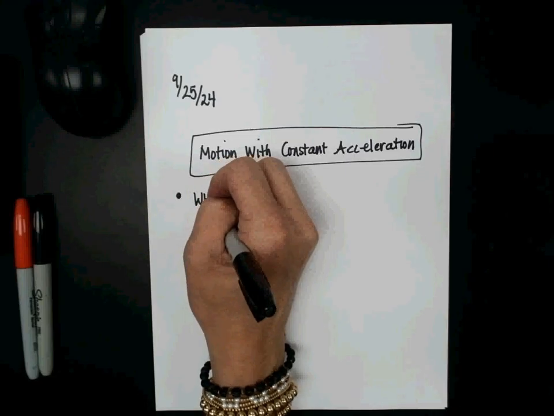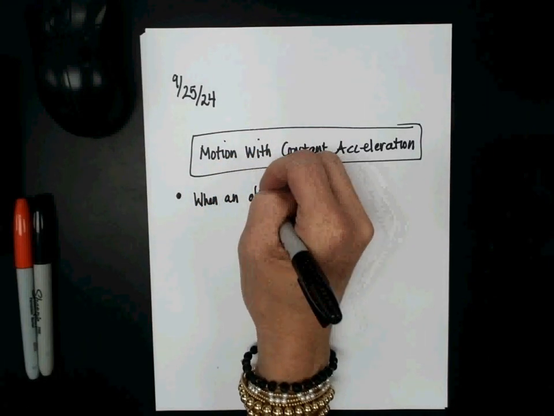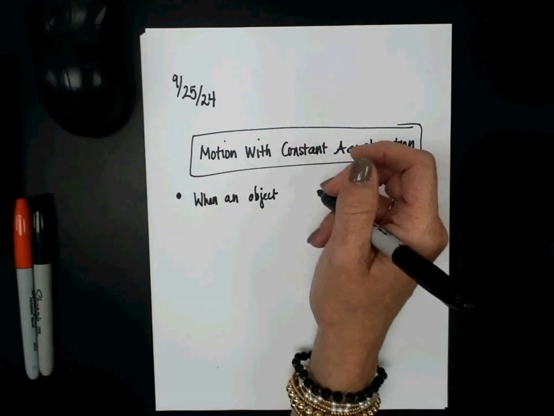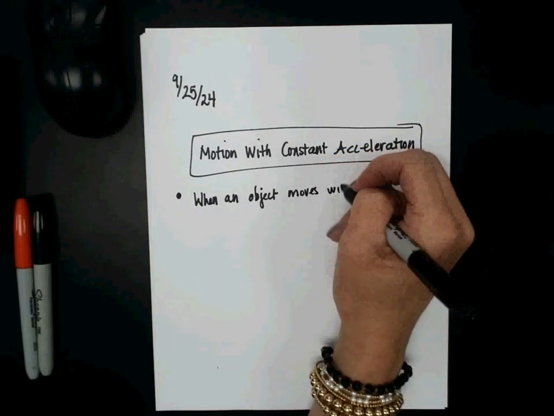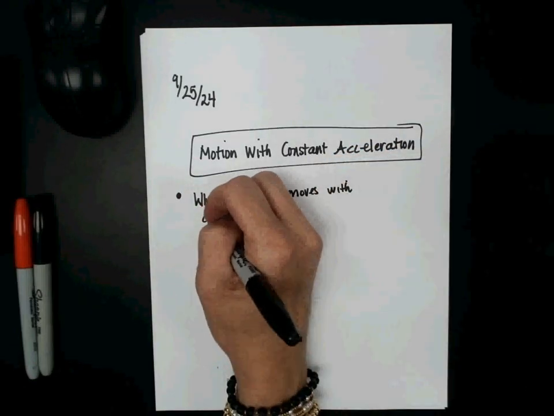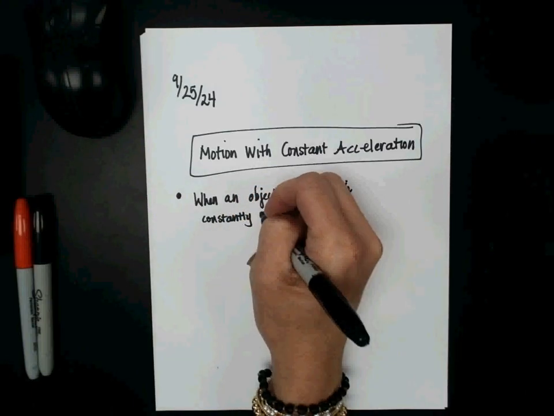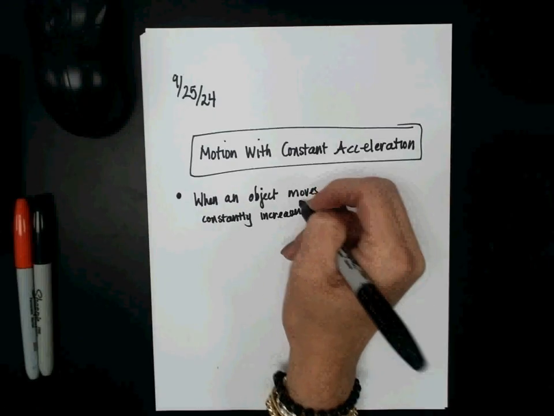When an object moves with constantly increasing velocity.